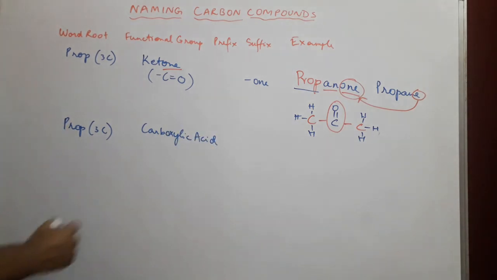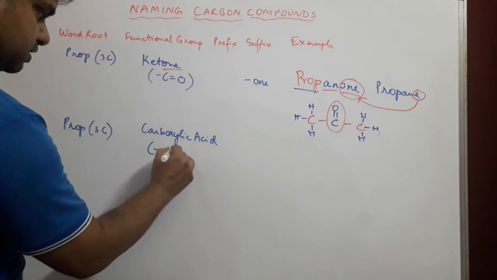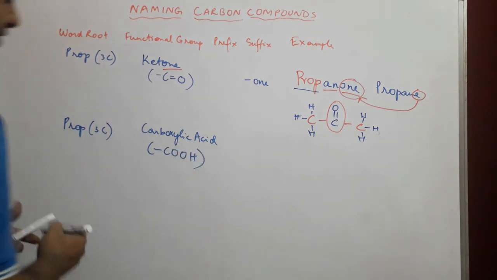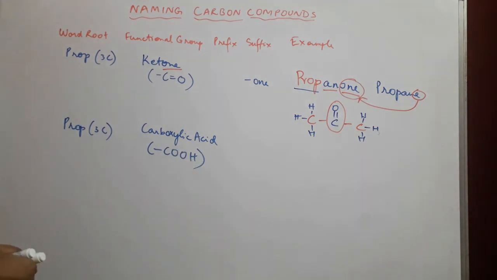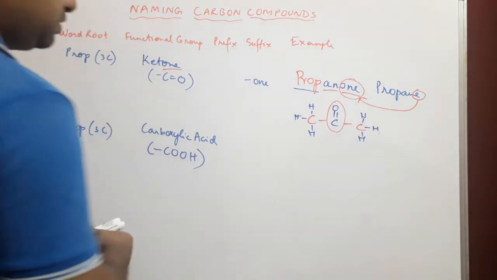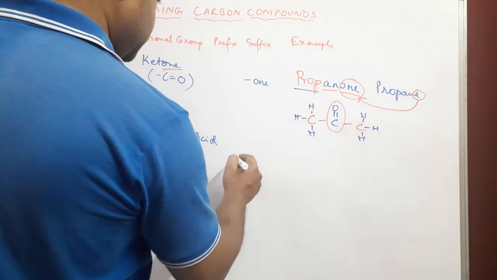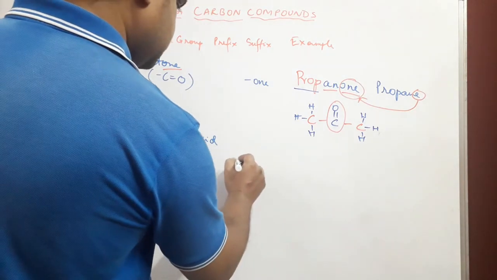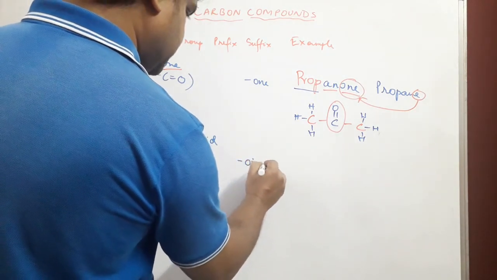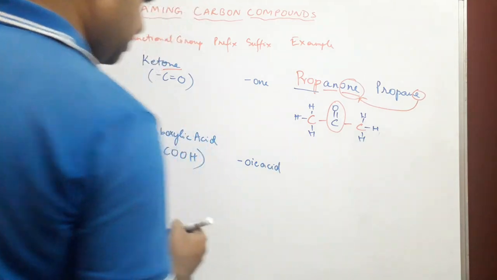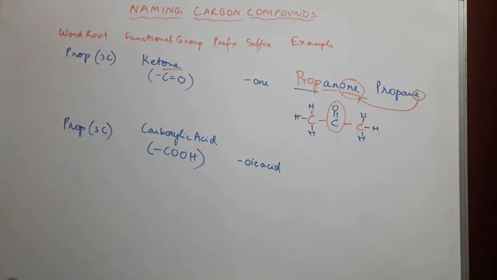Okay, and the formula is something like this, COOH. It is a suffix, so it will always end with oic acid. Okay, oic acid. Let's have a look.